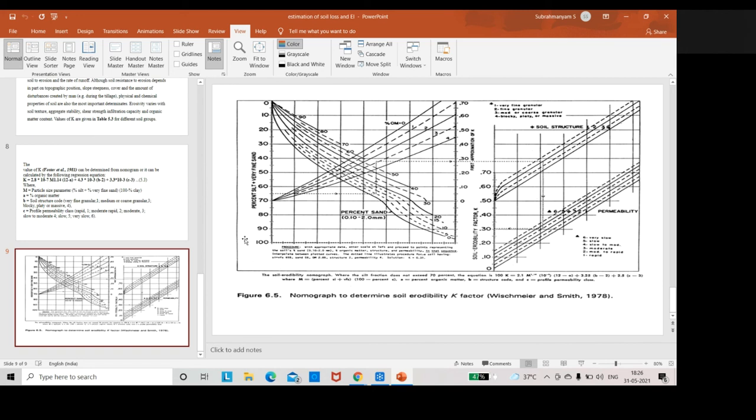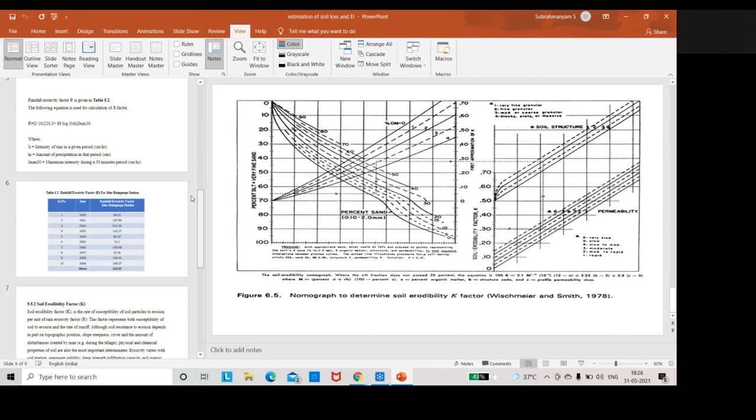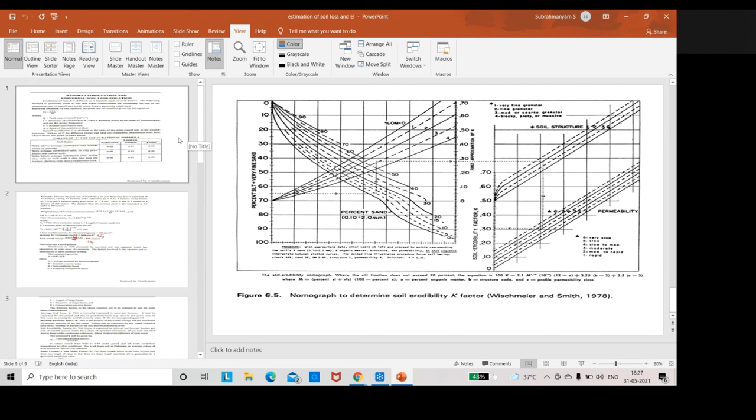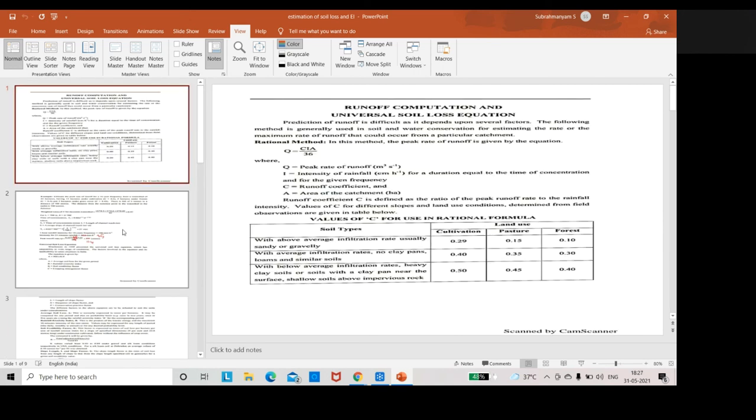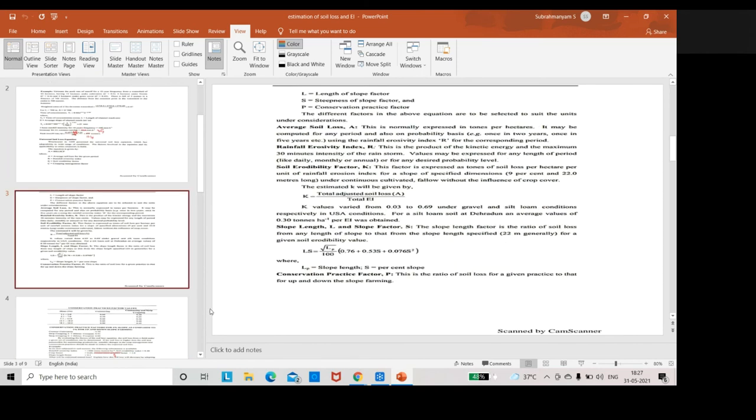In this section, we have discussed how we will calculate the peak runoff rate, and how we will calculate the universal soil loss equation.